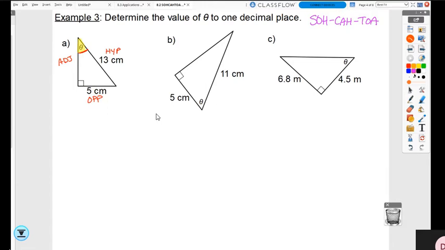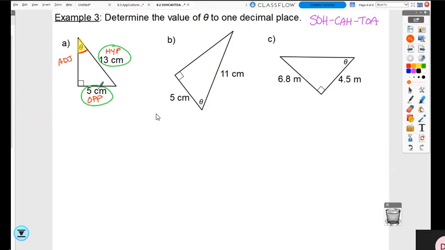What are the two side lengths that we have? If you look at this diagram, it's very clear that we have the hypotenuse. It's 13. It's given to us. We also have the opposite side. It's right there. It's 5 centimeters. So which one of the three primary trig ratios involves the hypotenuse and the opposite?